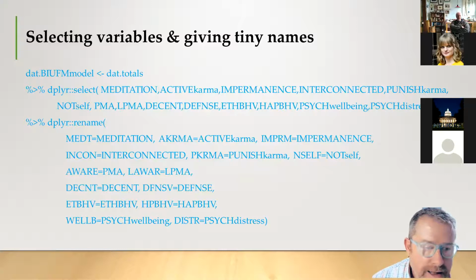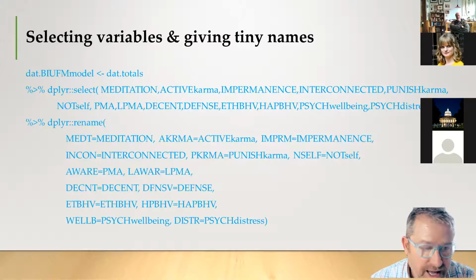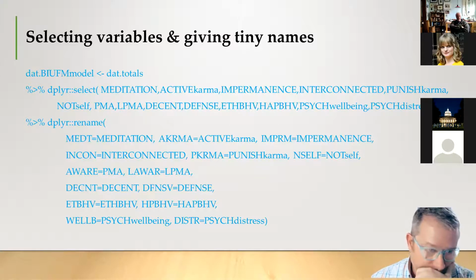Then that data set had more variables than I wanted to analyze in a single analysis. So I took that data frame from the previous slide, and I read that into this data frame, dat totals. Then I took dat totals and used the dplyr package, the select function from that package, to extract a subset of the variables.